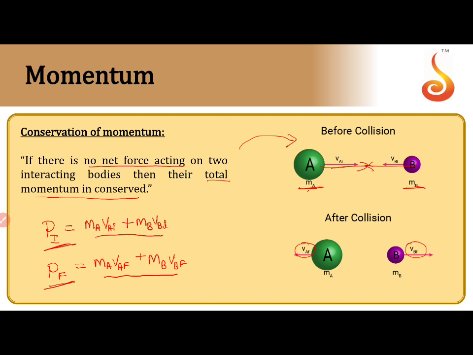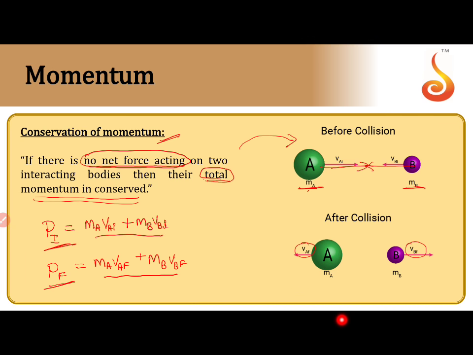This is called the law of conservation of linear momentum. I repeat once again, if there is no net force acting on the body, then the total momentum of the system of colliding bodies will remain conserved.